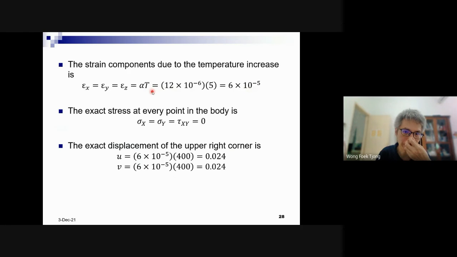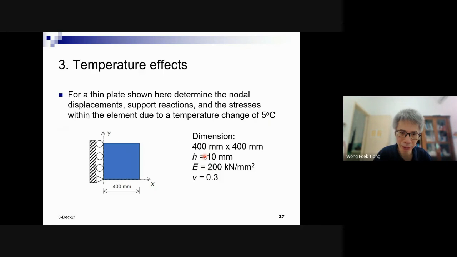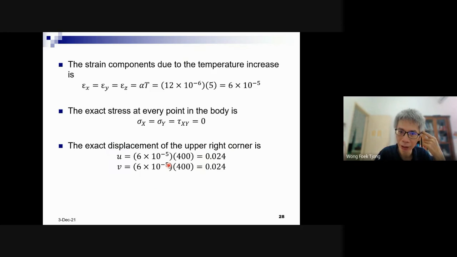Because of this strain, we also have displacement, this one, okay? Let's say at the upper right corner. And because this is freely expanding, we can expect that there is no stress. There exist strains, but no stress, because this is free expansion without any restraints. Okay, we can expect 0 stress.